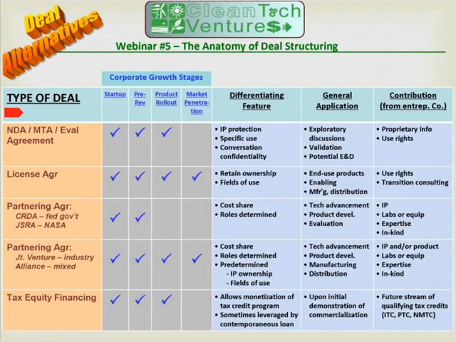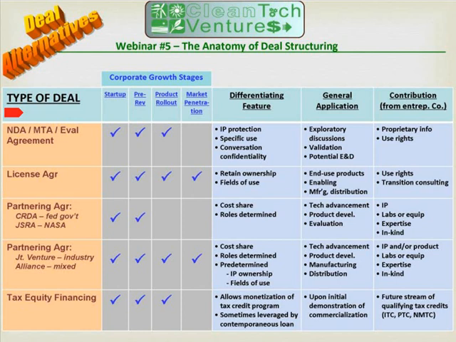Let me advance this to the next slide. This matrix puts some meat and bones on the simple words for different kinds of transactions. We've got a list here of about a dozen or so transactions, from material transfer agreements and NDAs, non-disclosure agreements, to licensing agreements, partnering agreements, and tax equity financing.